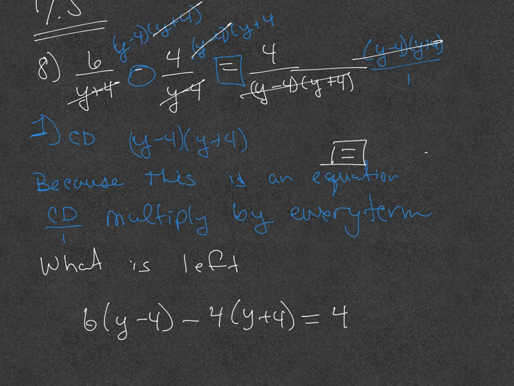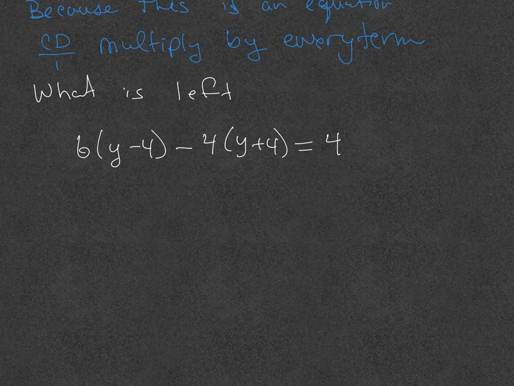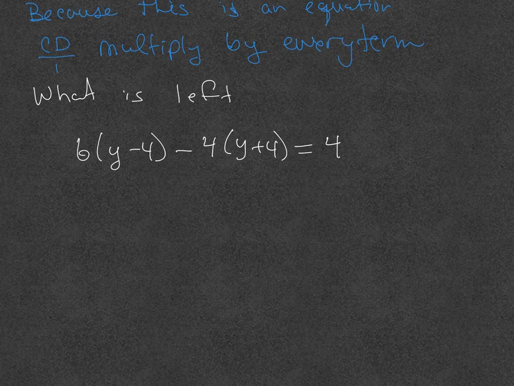Now, I'm just going to move this up to give myself a little more room. We just have to solve it. I distribute my 6. Distribute the negative 4. Again, make sure you watch that negative sign.